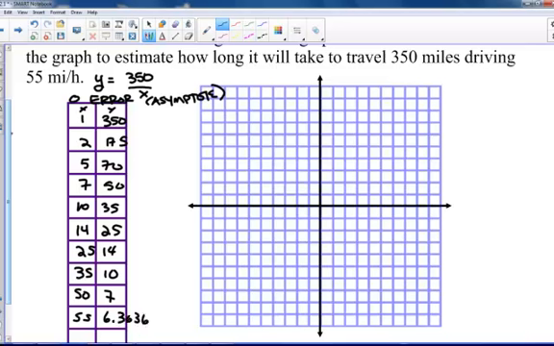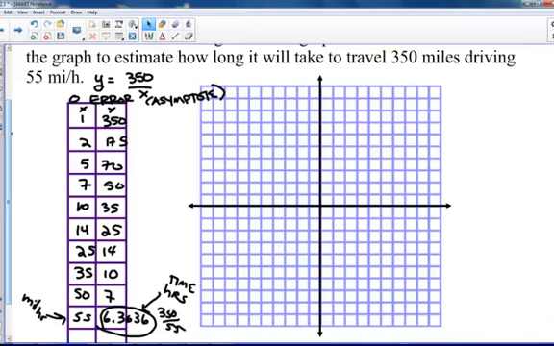I could find the exact by doing 350 divided by 55. And that's the question that I'm asked about how long will it take to travel 350 at 55 miles per hour. So that's my miles per hour. And this is my hours, my time. So my answer is 6.36 hours.